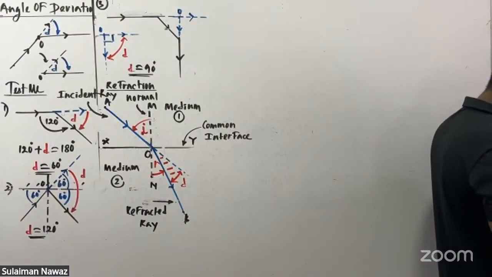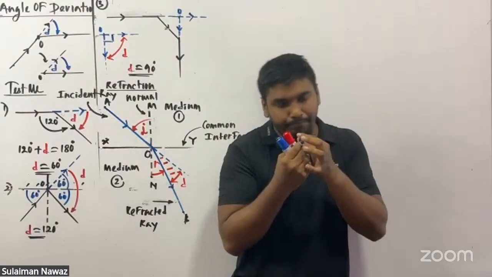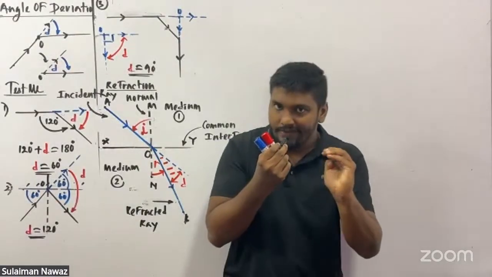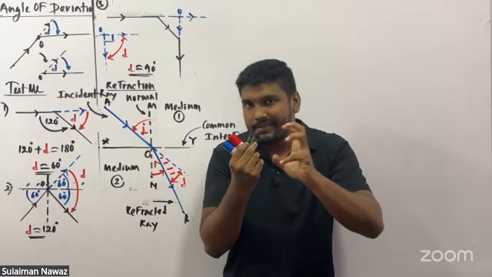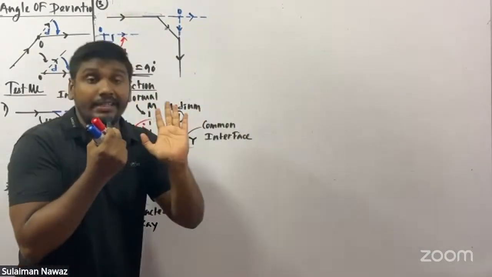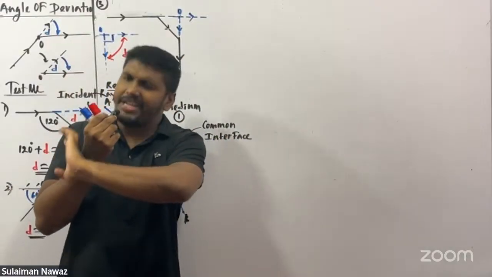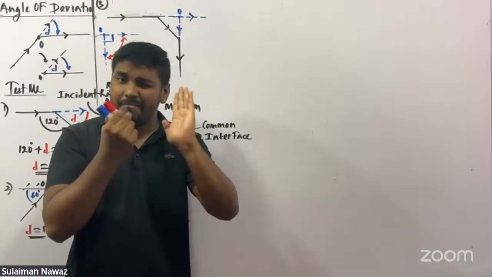Right, okay. The next one, look here. Then C1, C2, lambda 1, lambda 2. Now, sir, as you explained, when a light ray undergoes refraction, definitely the speed of that light ray must change.